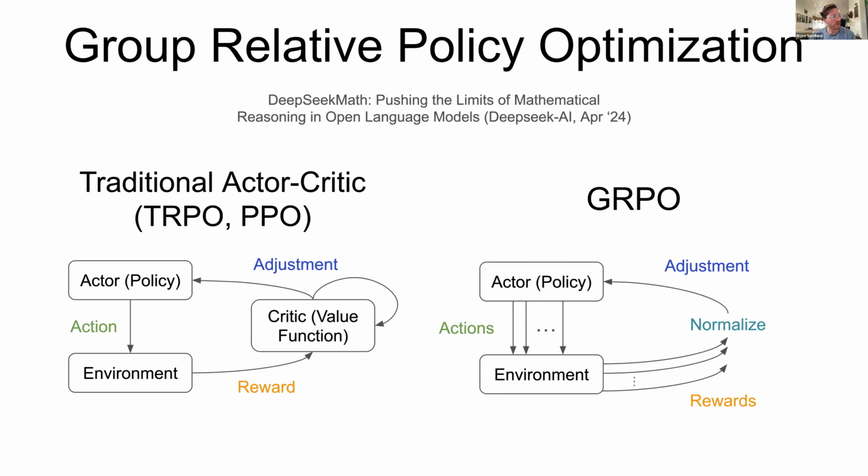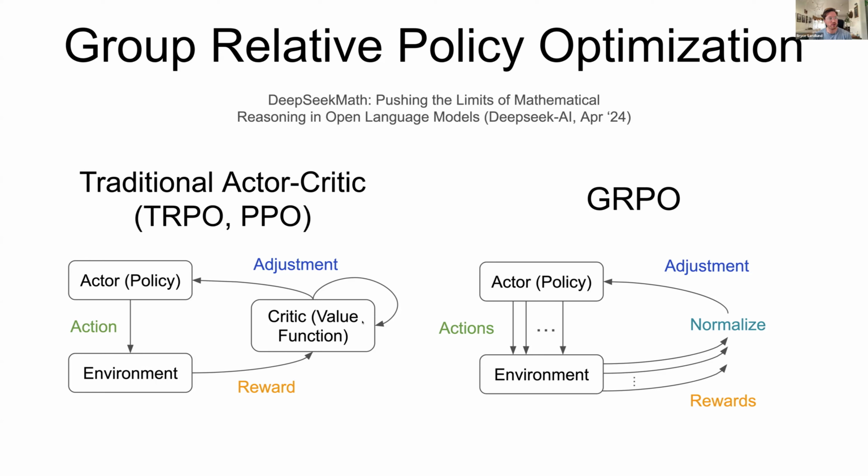So I wanted to talk a little bit about what GRPO is. I actually have probably too many slides here to go into all the details, so I'm gonna skip the next few. But from a high level, GRPO is a reinforcement learning algorithm specifically for language models, and the idea is that we're just going to get rid of the value function in your typical actor-critic reinforcement learning algorithm.